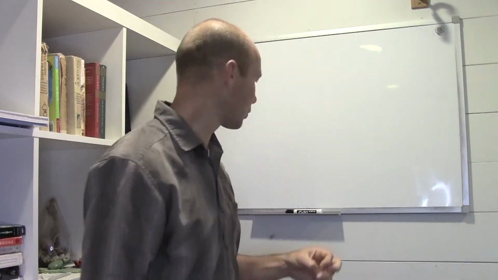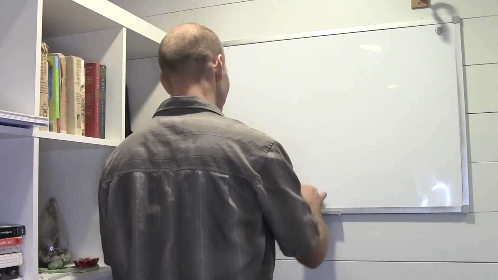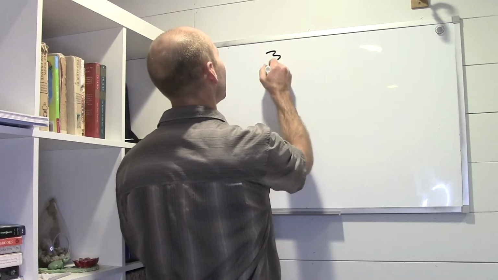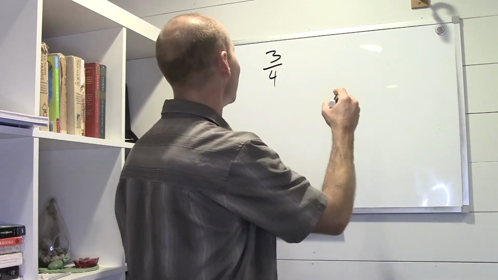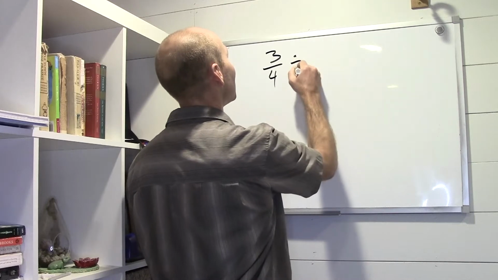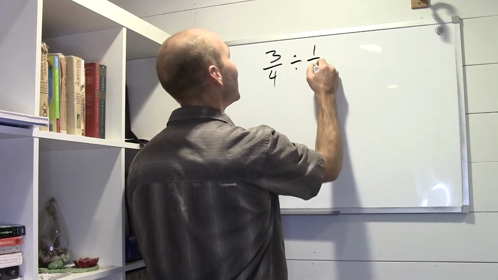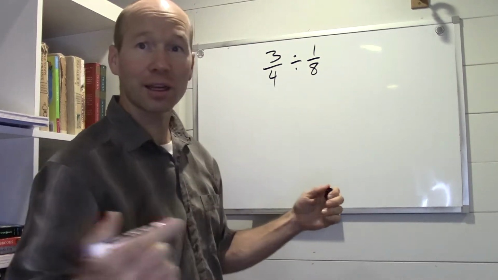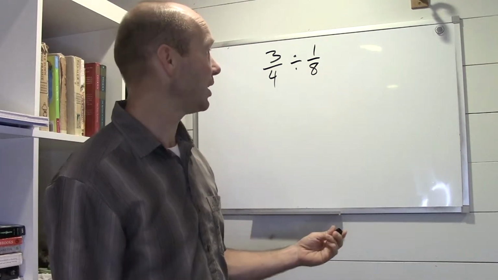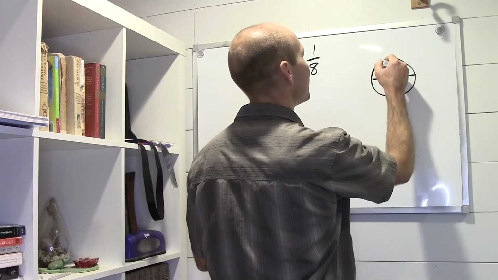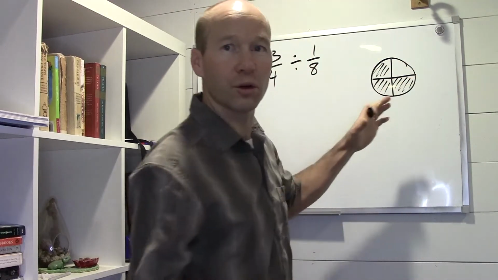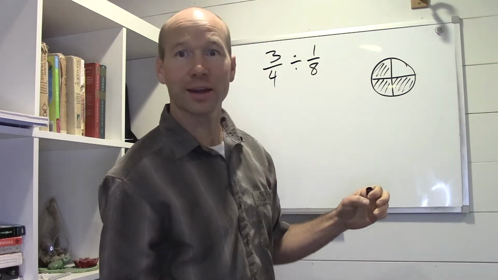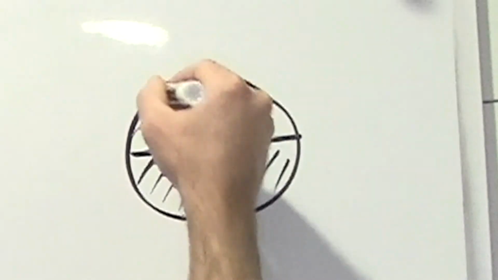Well, let's draw that out right here. If I've got my pie, I'm going to divide 3/4 by 1/8. And when I divide 3/4 by 1/8, I've got 3/4 of my pie right there, and I am going to break that now into 1/8 slices.